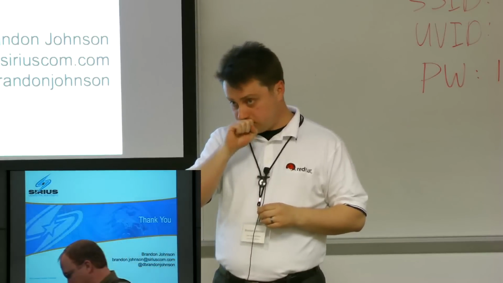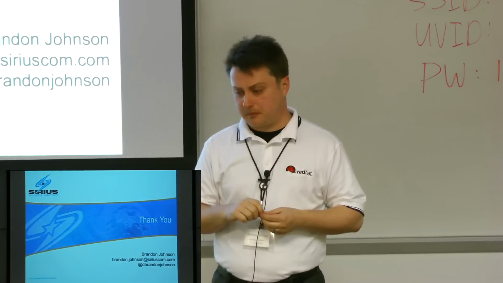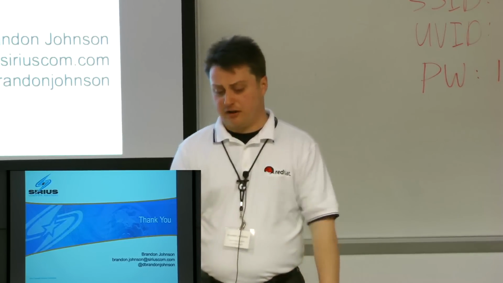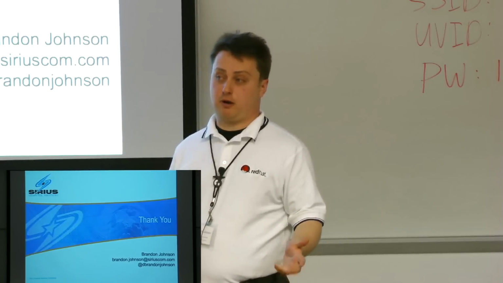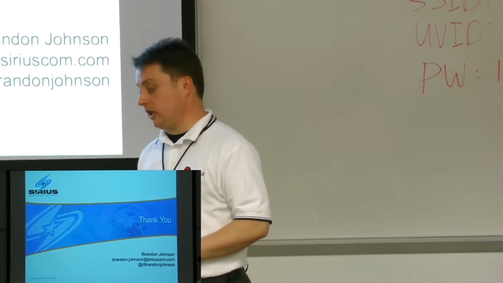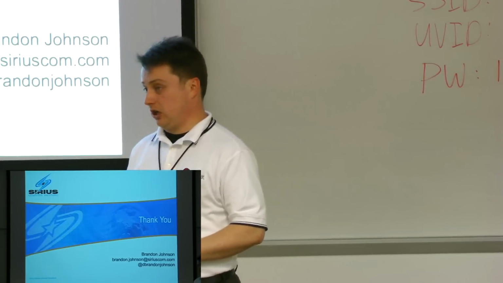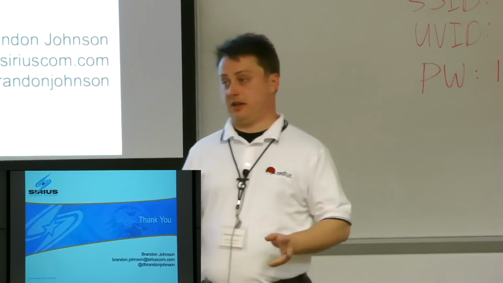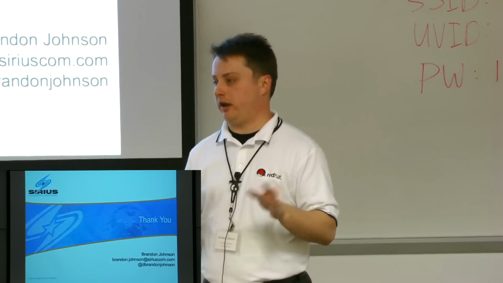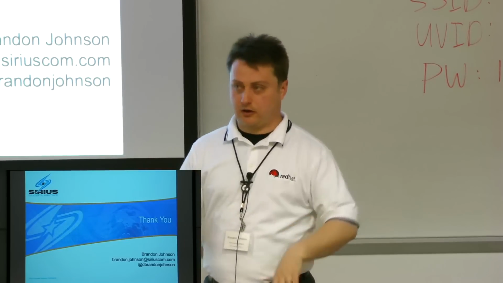And then right now for RHEV and oVirt, it's a third-party solution. Acronis is a name that gets thrown around Red Hat all the time, all day. They sing the praises of Acronis.